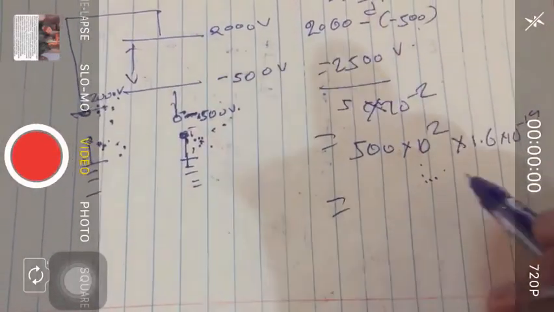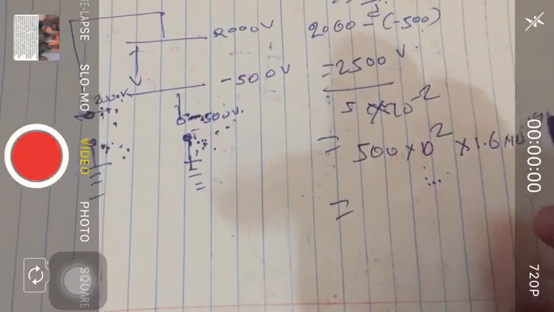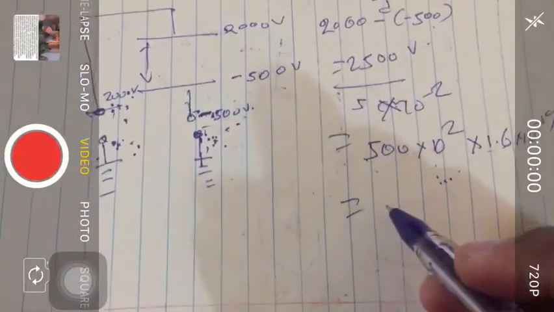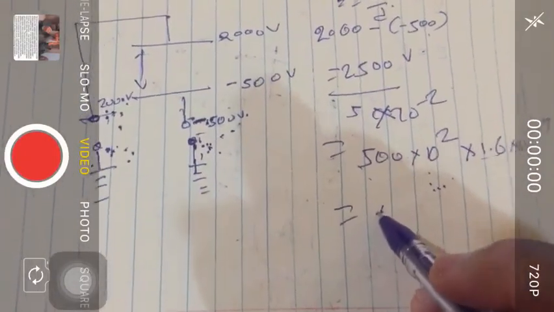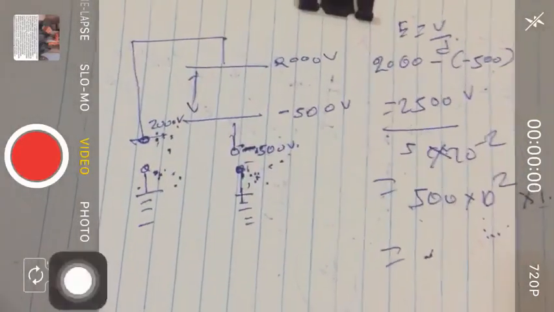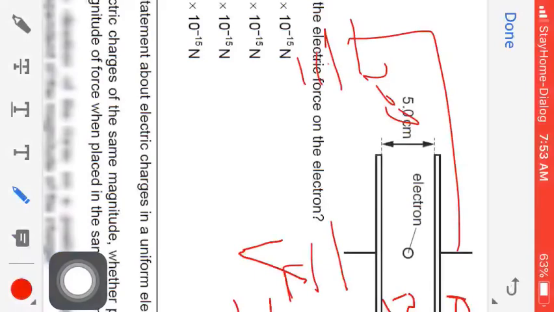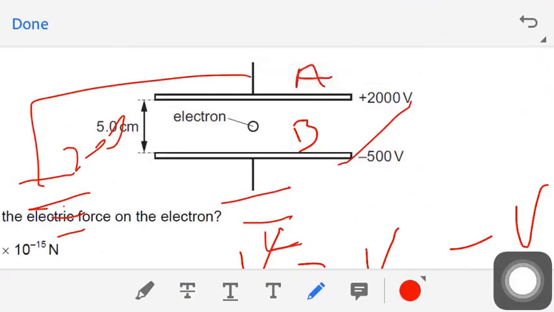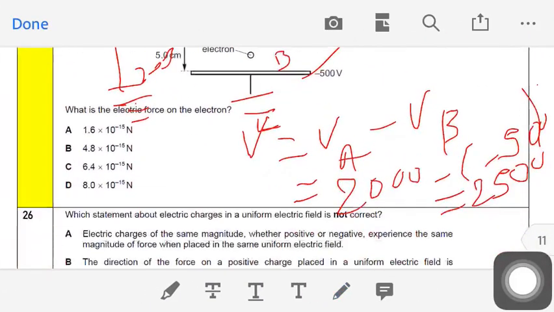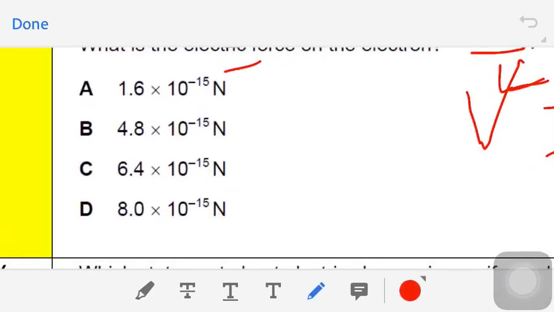So this is going to be 1.6 times 5, that is 8 or 80. Of all the choices here, there is only one answer that starts with 8, so I won't worry about the powers. I would just mark it. And 25th, yeah, T.